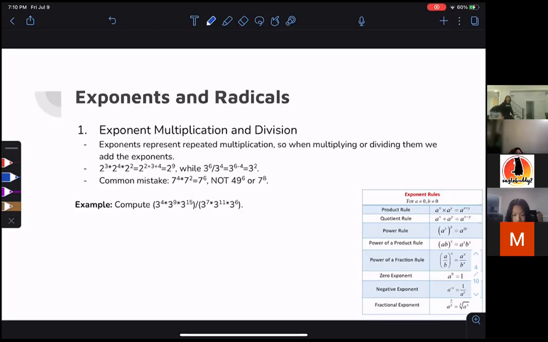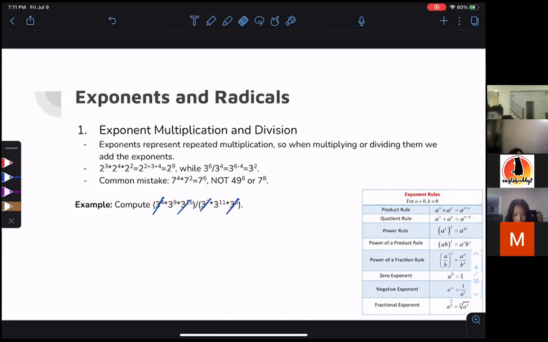Okay, so first, 3 to the power of 4 times 3 to the power of 9 is 3 to the power of 13, and 3 to the power of 7 times 3 to the power of 6 is also 3 to the power of 13, which means those can cancel out.